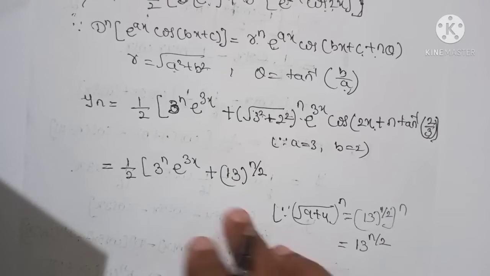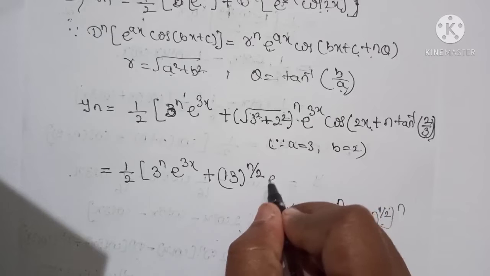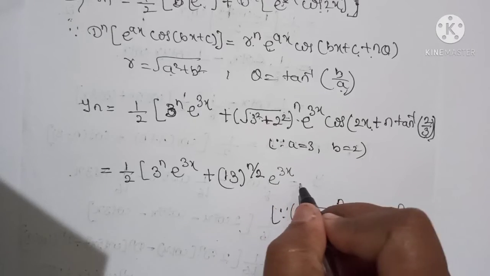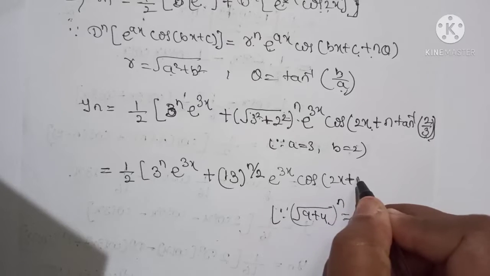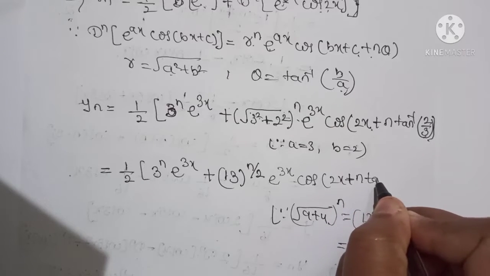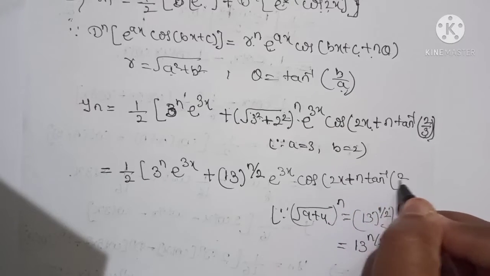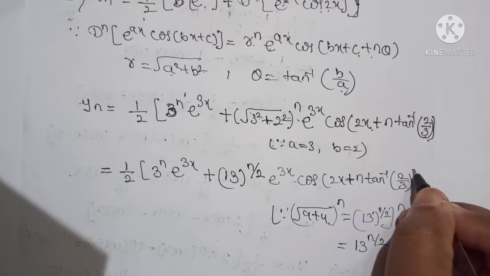Therefore it is 13 power n by 2 e raised to 3x, cos of 2x plus n into tan inverse of 2 by 3. So this is the final answer.